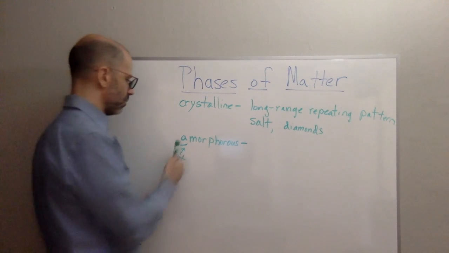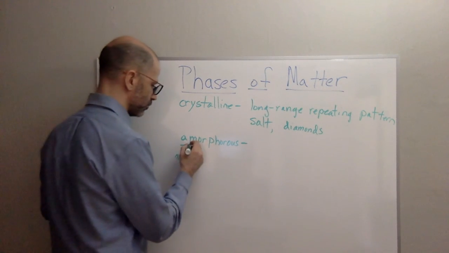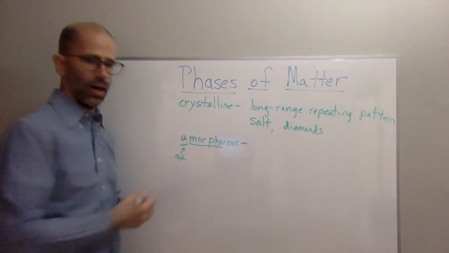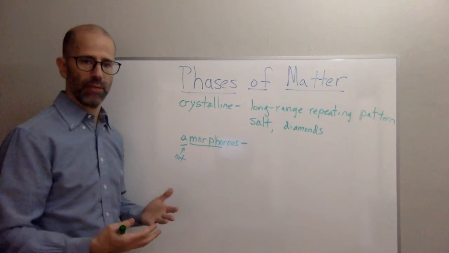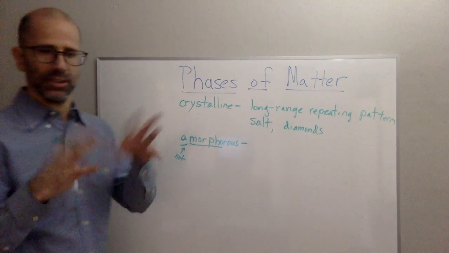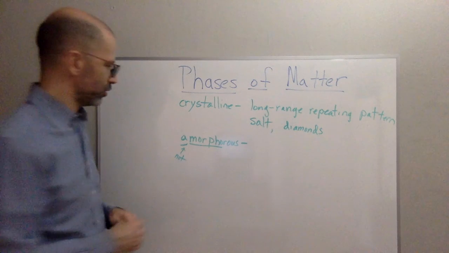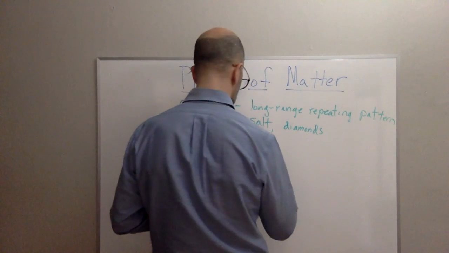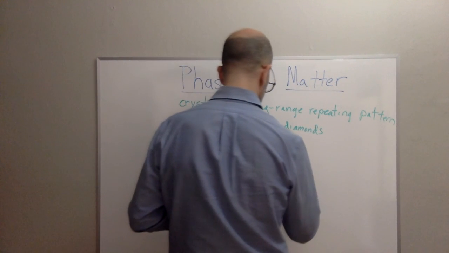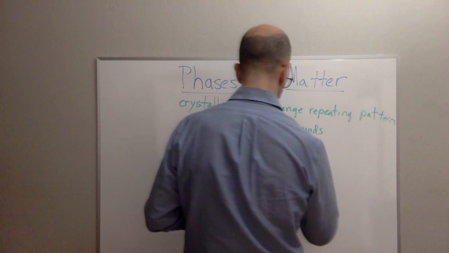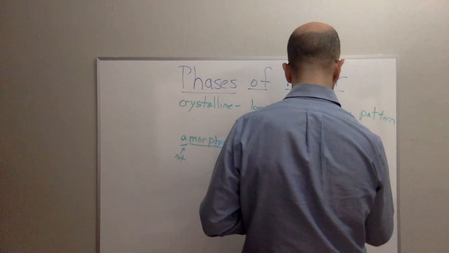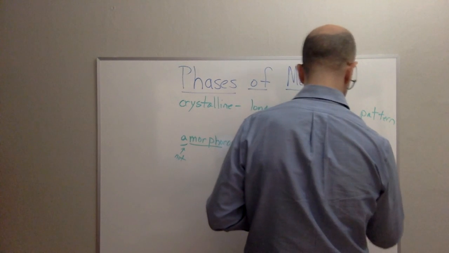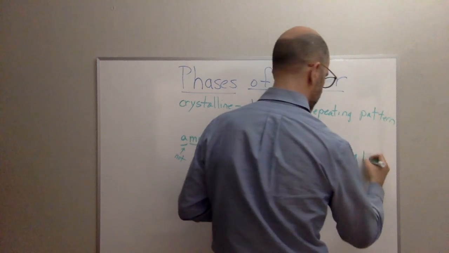So amorphous, morph, comes from the Greek for shape. So no shape. So a shapeless substance, right? No order to it. So this would be no long-range repeating pattern.